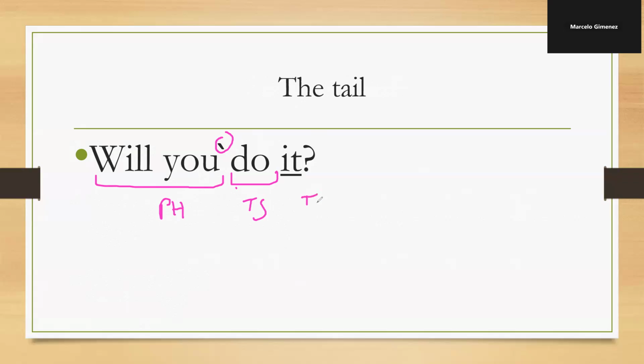The tail includes all the syllables which follow the nucleus. In this example, it is just a one-syllable word, not likely to be stressed, but that doesn't mean the syllables in the tail, contrasted with the prehead, are never stressed. Let me show you an example.